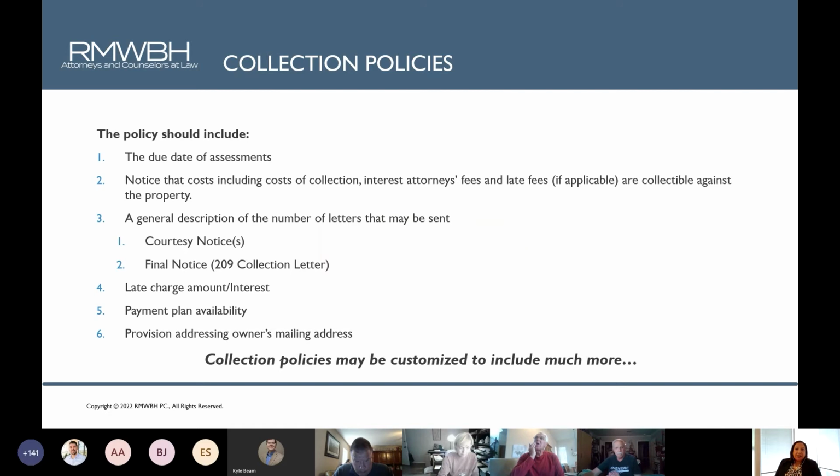In terms of what the policy should include, we recommend that it talks about specifically the due date of the assessments, and you'll find that information is in your declaration. It'll specifically say that the assessments are due typically by January 1 of the current year, and then they become delinquent after January 31, which means February 1st, there's either penalties or interest or late fees that will hit.